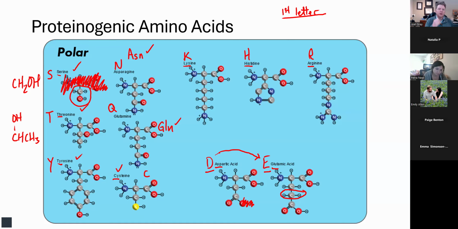Those are our only two amino acids that have those alcohols. Tyrosine is a benzene ring plus an OH. So I misspoke immediately. It has an OH, but it's out from this benzene ring here. So tyrosine has basically a phenol ring, and that's what makes it stand out.